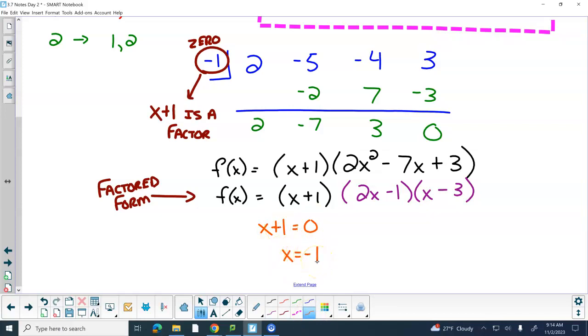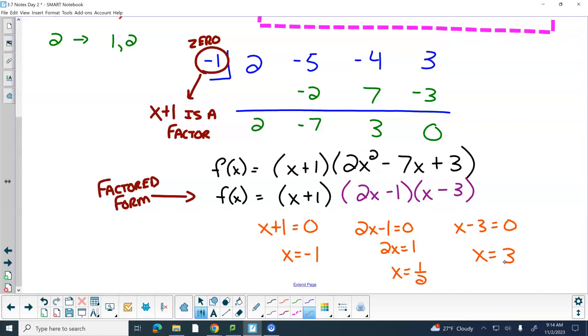So we get x equals negative 1. That's the one we found. I get positive 1/2 as another one. And I get 3 as the last one. Okay? Now, if you would have found 3 as your 0 first, then your path would have been a little different.